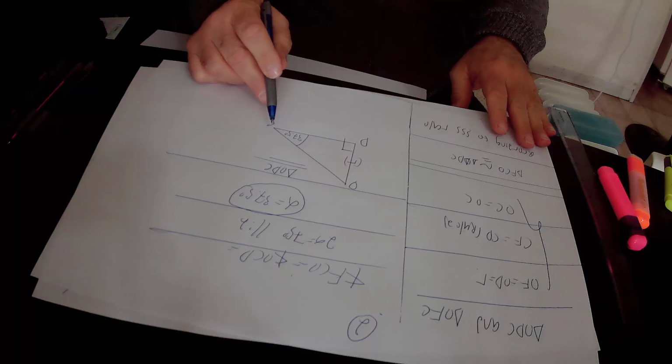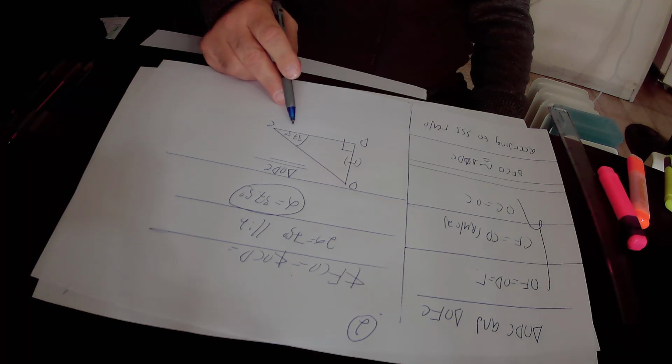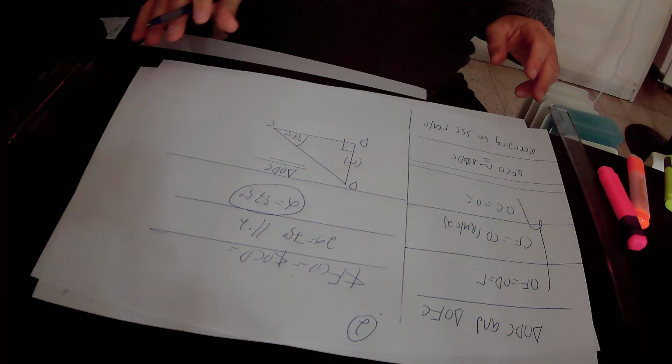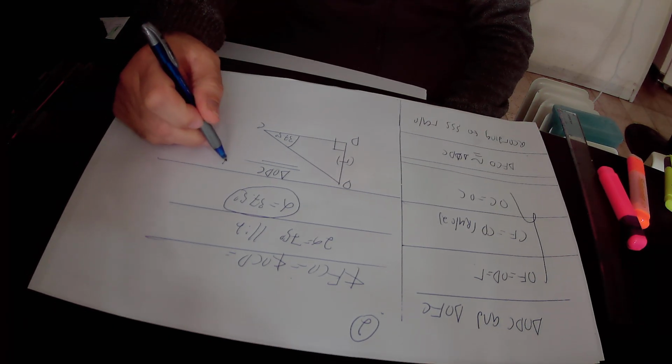So this is the orange right triangle ODC that I copied from the original drawing. This is angle alpha that is equal to 37.5 degrees, and side OD is the radius of the circle that is equal to R.